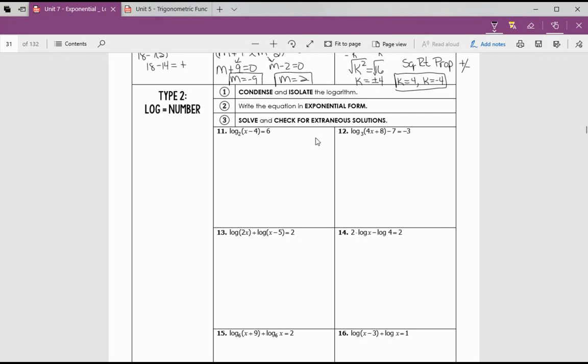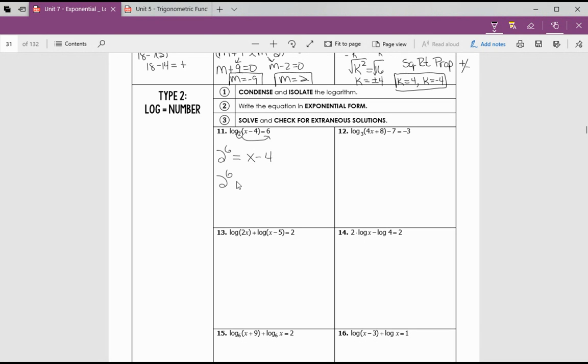So the type 2 equations, I condense and isolate the logarithm. This logarithm is isolated, although it has a group behind it, that's fine. So what we're going to do is write it in exponential form. So 2 to the 6th power, grab your base first, and that is going to equal x minus 4.